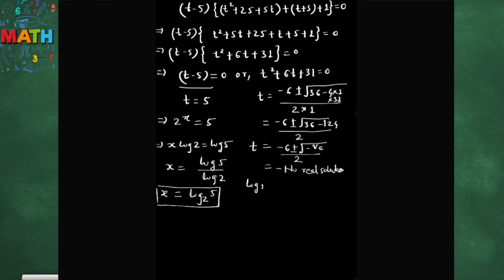If you are taking log base 10 of 5 divided by log base 10 of 2, you can simply write it as log 5 base 2. So that is where I have changed the base to 2. Whatever is the denominator, that becomes the base. So this is the solution of x, and this is how we solve this kind of equation. Thank you very much.